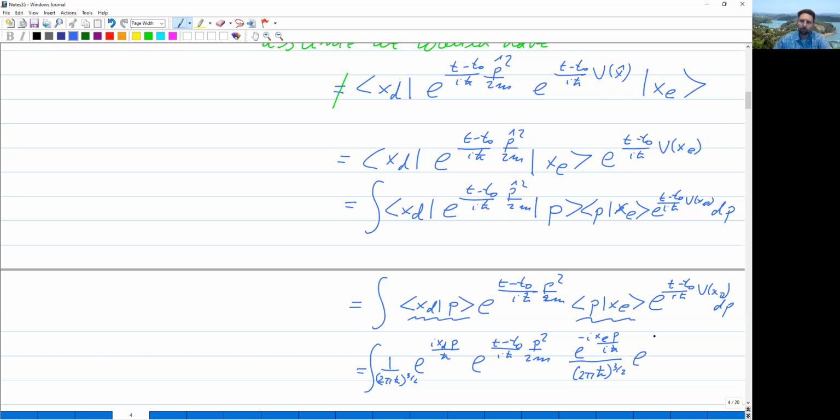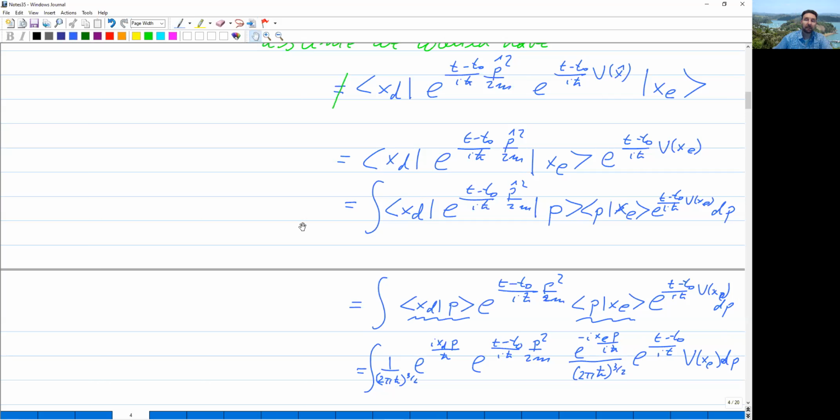And then we have e to the power (t minus t naught) over i h bar V of x, and dp. This is an e. All right.